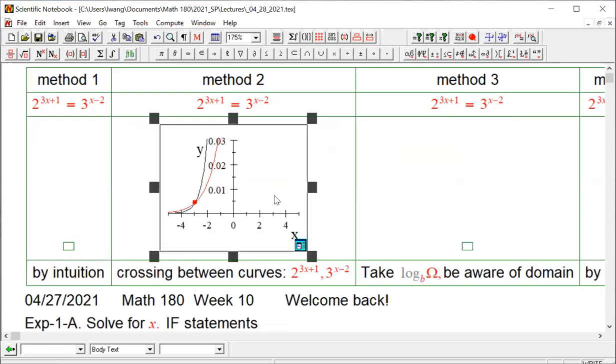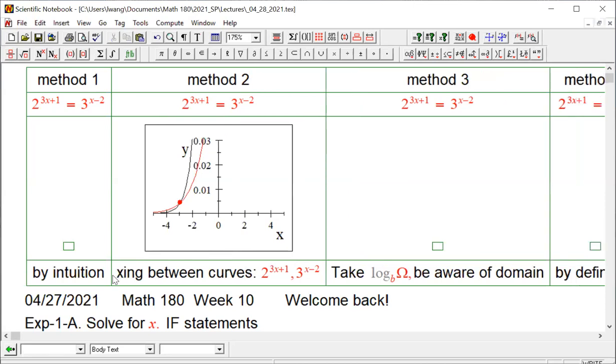And this method is used a lot, especially when solving the equations algebraically is difficult. And sometimes it's impossible, okay? Sometimes it might be impossible or algebraically difficult to do. So crossing, let me use the word X, like the crossing you see on the street, right?